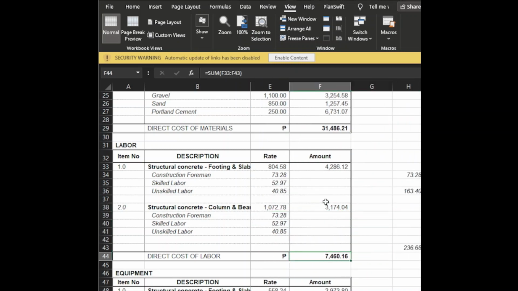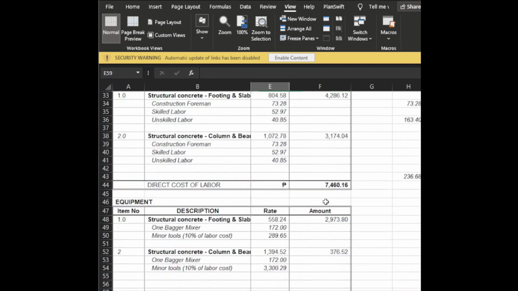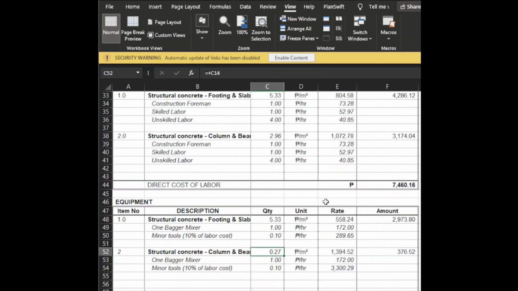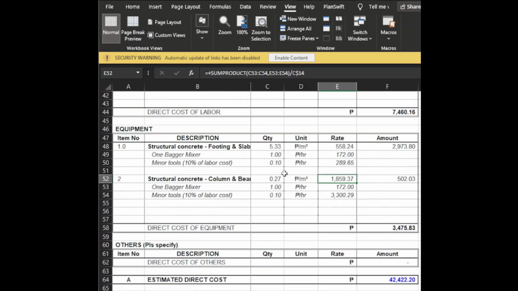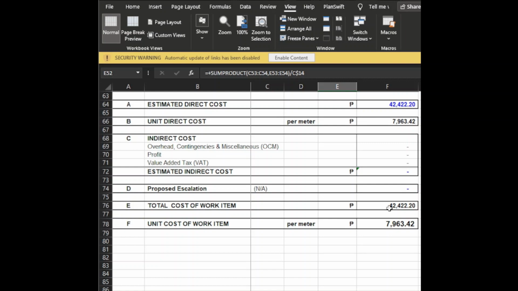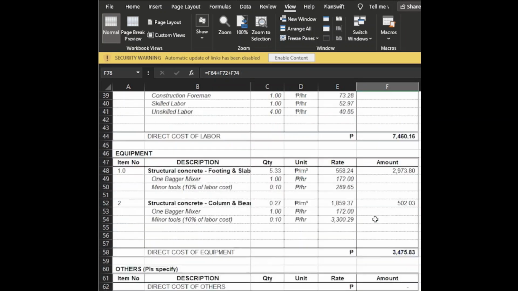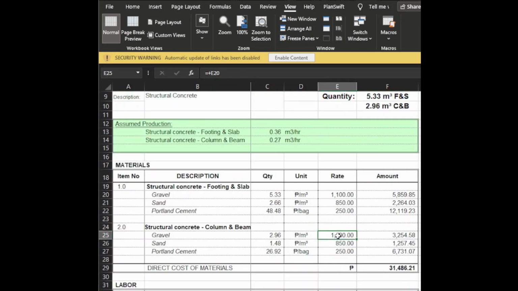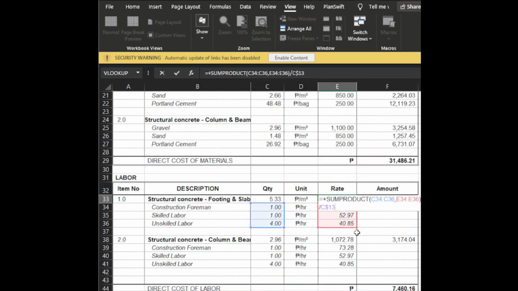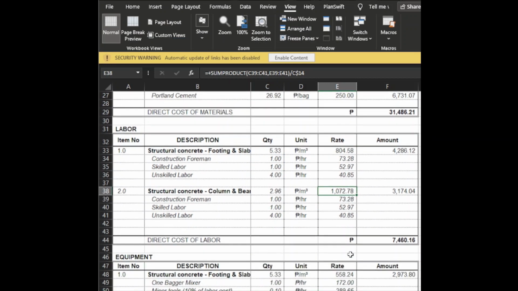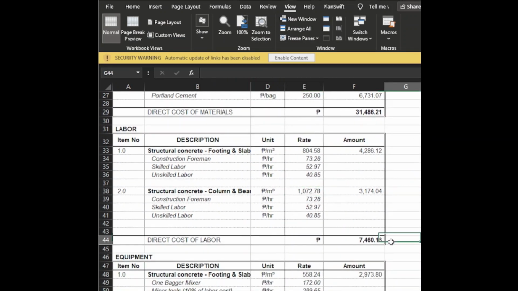so the total is now the same. And also the equipment, we have a difference. This one should be 14, so wait, okay, that one. So the total is 42,422. Let me check this one also. There's no more. C13, 7,460.